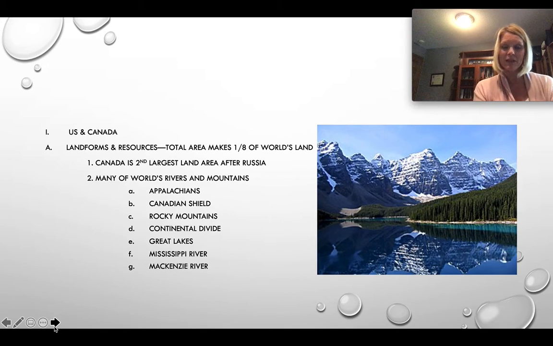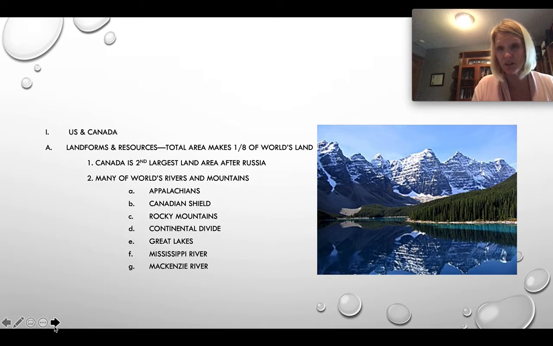Between the United States and Canada, the area itself makes up 1/8 of the world's land. That is a lot. And keep in mind these are two countries. If we compare, say, another country such as France, or Great Britain, or maybe India, we're talking a big difference.